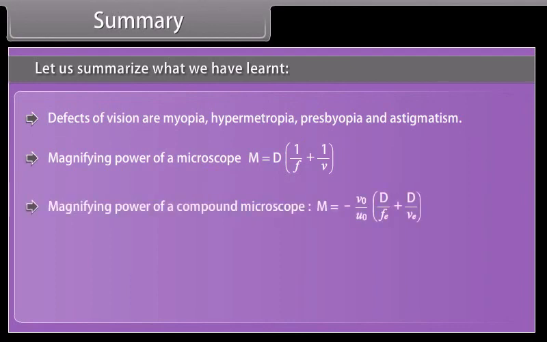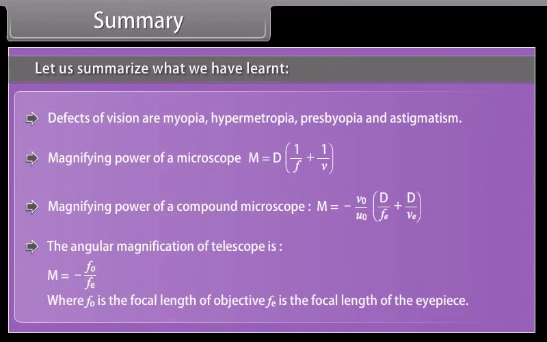Magnifying power of a compound microscope, m is equal to minus v0/u0 into (D/fe + D/ve). The angular magnification of a telescope is m is equal to minus fo/fe, where fo is the focal length of the objective and fe is the focal length of the eyepiece.